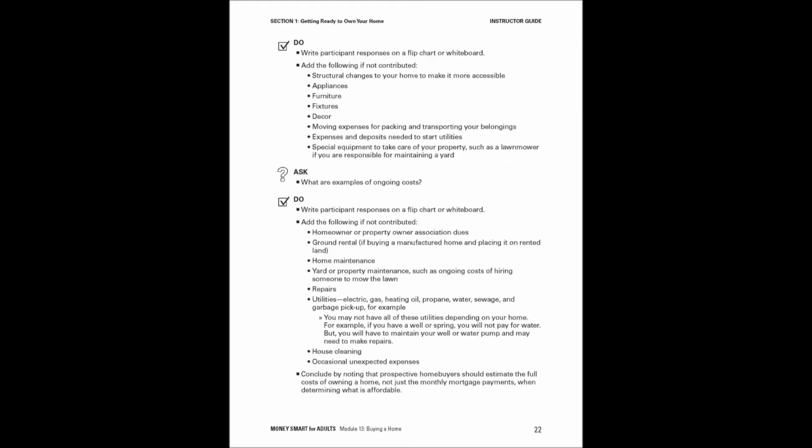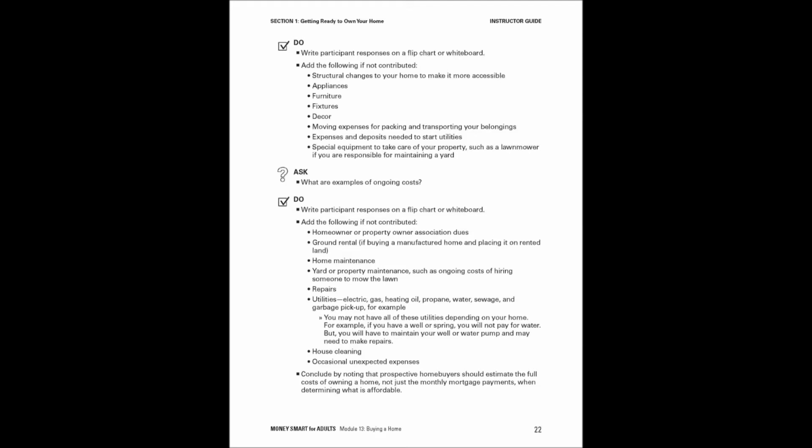So you're going to ask that question about examples of ongoing costs, and you're going to write those answers down. You're going to ask people to contribute what some of those costs are, and then you're going to have that discussion. And notice the bullet points here, things like homeowner or property association dues, home maintenance, yard or property maintenance, all these things that could totally add to the cost of owning a home.